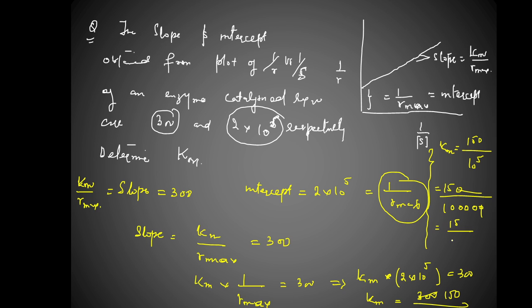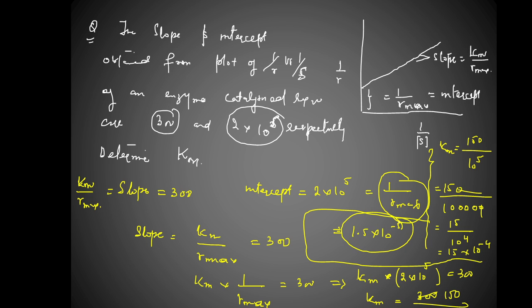That's 15 divided by 10 raised to power 4. This 10 raised to power 4 will go to the numerator as 15 into 10 raised to power minus 4. Now if I take the point over here, it will be 1.5 into 10 to the power minus 5. So this is the correct answer of this question.